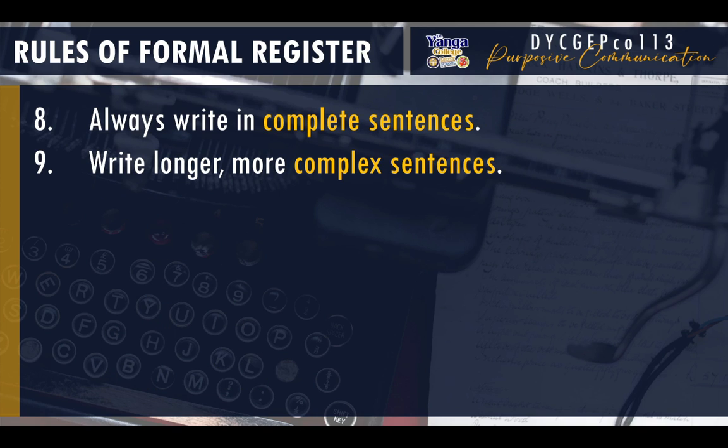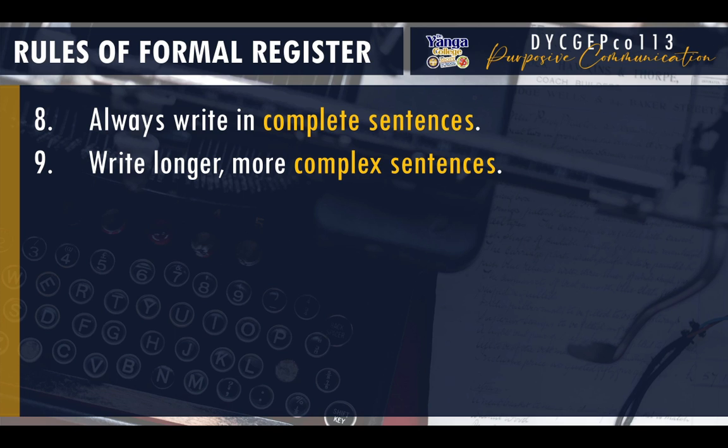And then eight, always write in complete sentences. Sabi nga natin kanina, in formal register, we use complete sentences, avoid slangs. And also, we are encouraged to write longer, more complex sentences because we are using formal register, because the formal register is usually used in academic writing or technical writing.